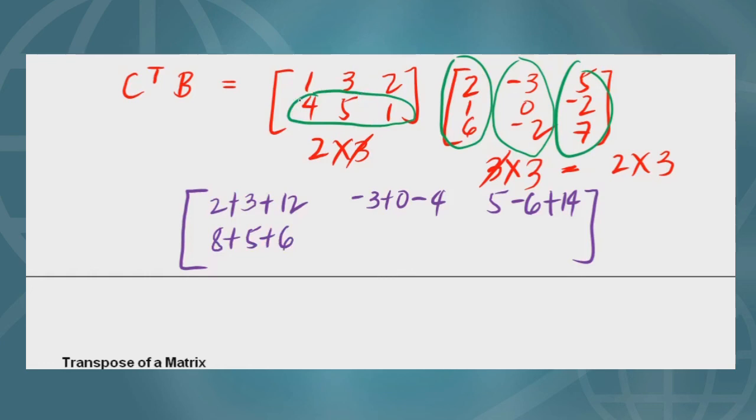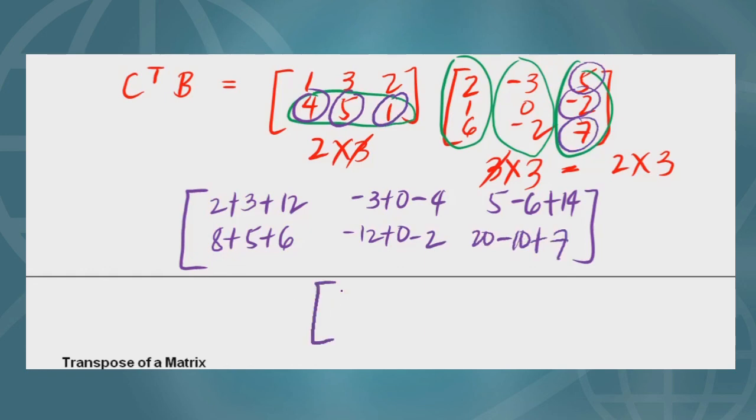Then, second row, second column. 4 times negative 3 is negative 12. 5 times 0 is 0. 1 times negative 2 is negative 2. Last one, second row, third column. 4 times 5 is 20. 5 times negative 2 is negative 10. 1 times 7 is positive 7.